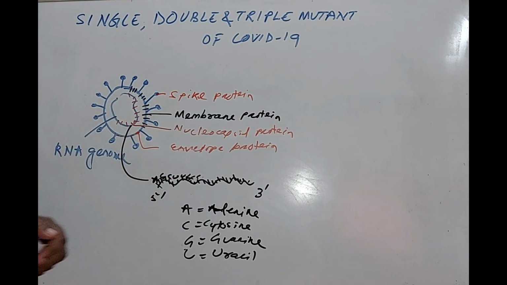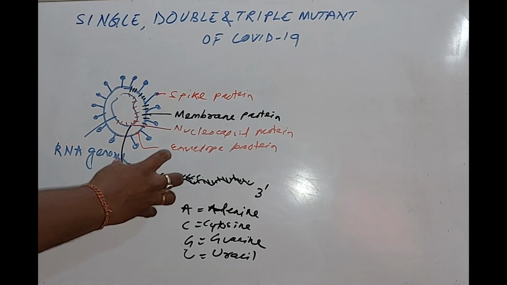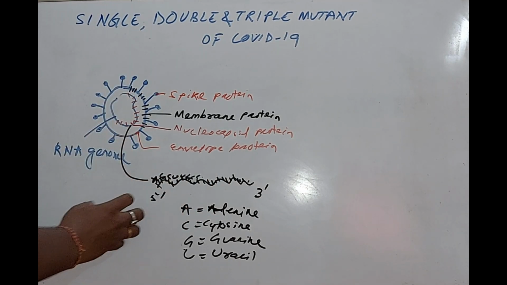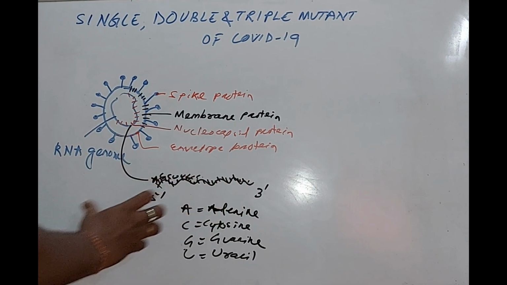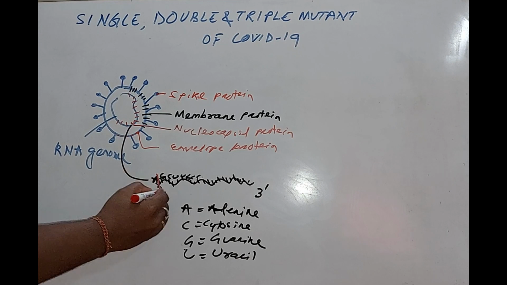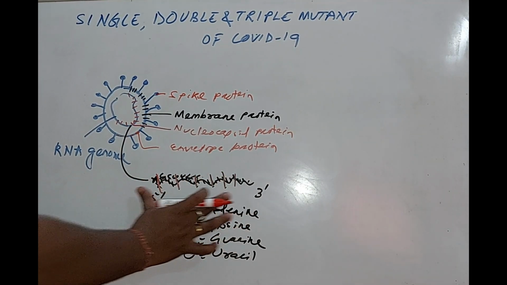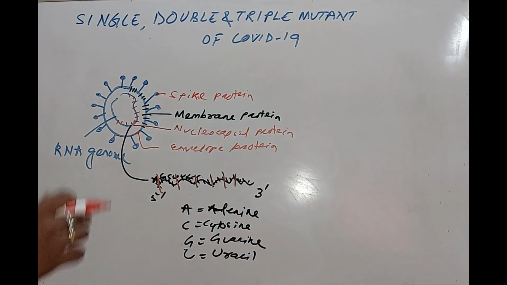When this kind of specific arrangement is there, it is called a gene. So somewhere it is 1 gene, 2 gene, 3 gene, 4 gene, and so many genes are there within one genome.